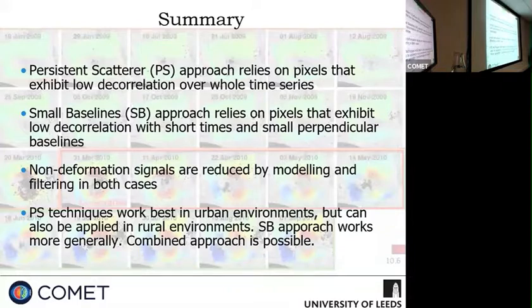It's important to reduce your non-deformation signals, and all methods essentially do that by modeling and filtering in space and time. PS techniques are best for urban environments, but can work in rural environments. Small baseline is a more general approach. Combined approaches are possible as well. That's all I have, which is quite enough for this morning, I think.